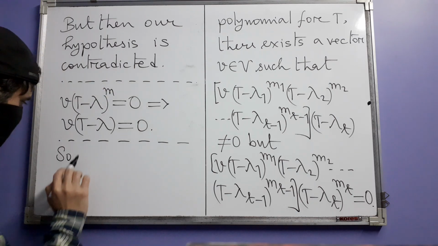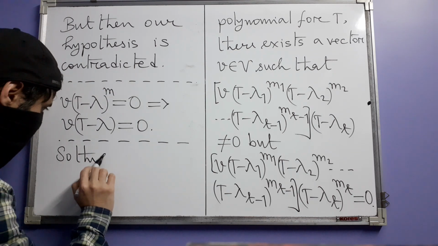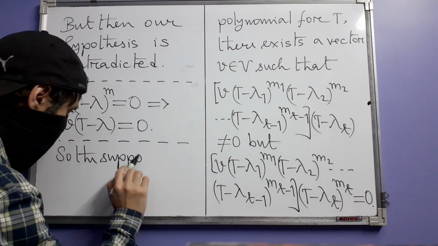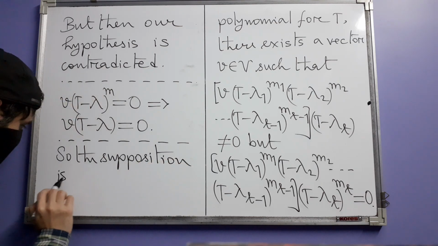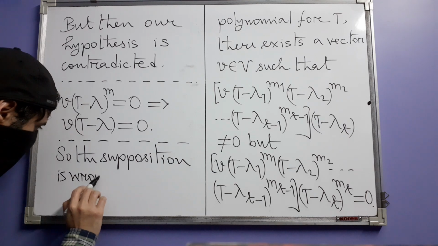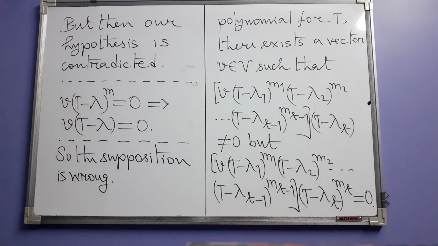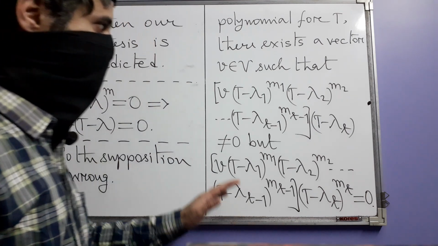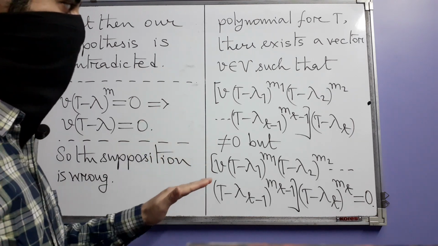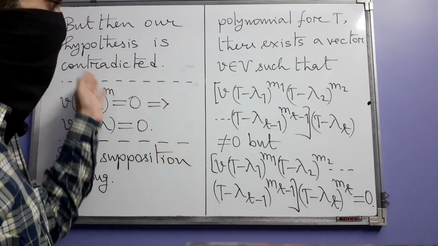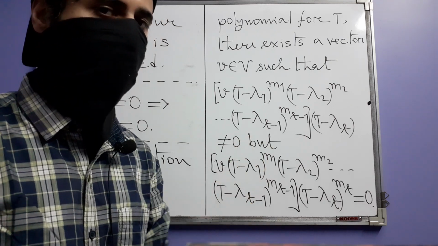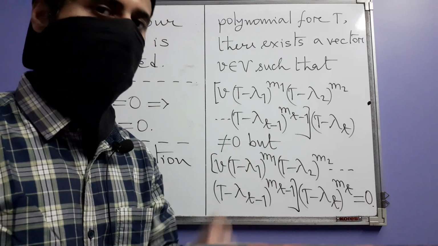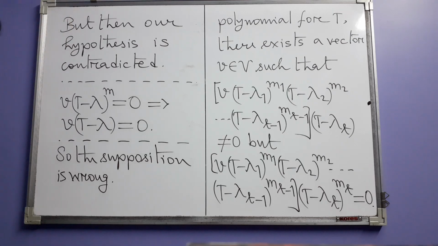So the supposition is wrong. What was the supposition? That the minimal polynomial for t is something like that, where mt is greater than 1. No such exponent can be greater than 1. All exponents have to be equal to 1.